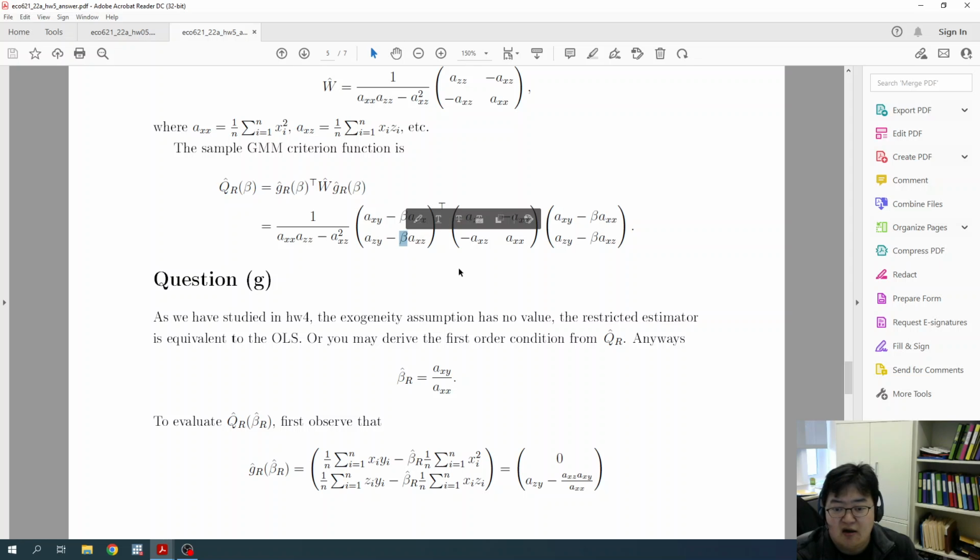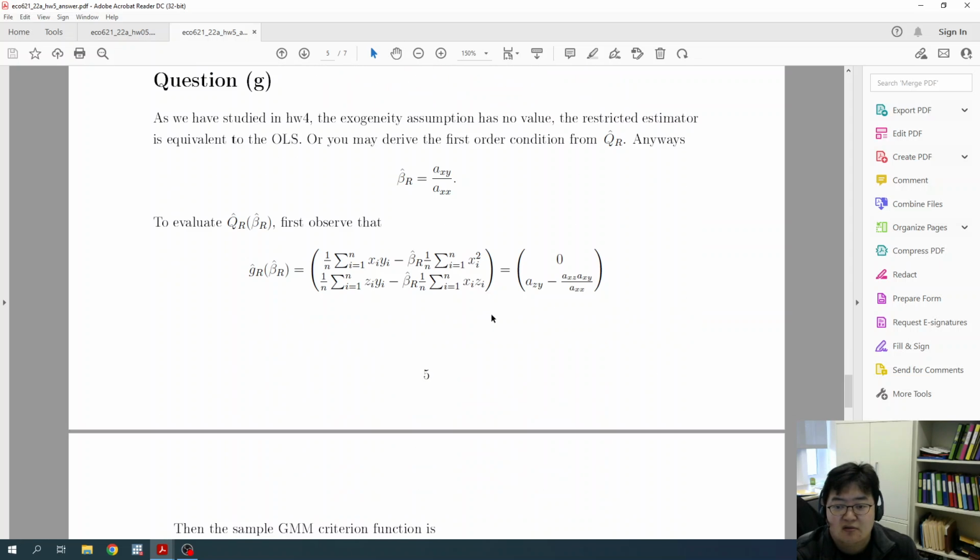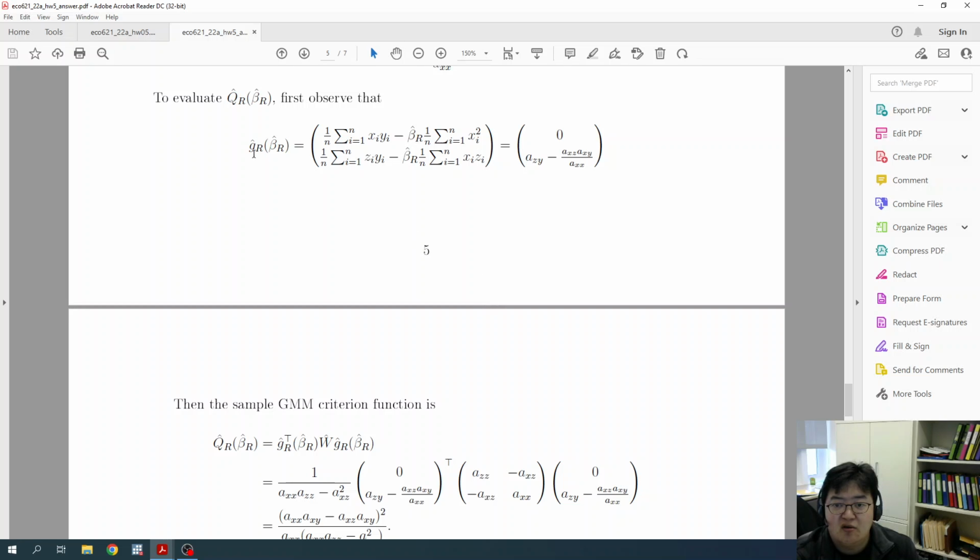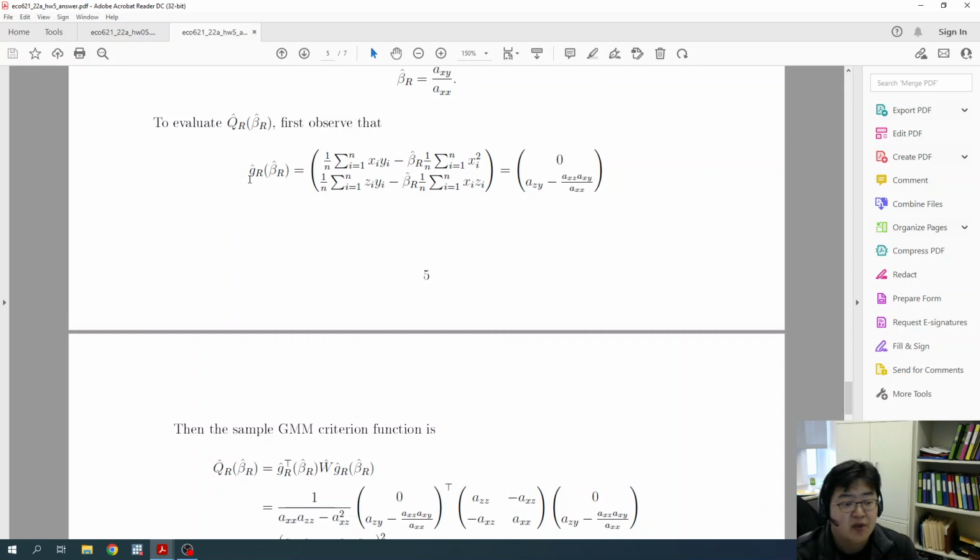Here again, another annoying algebra. So you can simplify the average moment condition this way. By the way, you can see that you have one parameter and two equations, but you are making one of them equal to 0. That means you are kind of ignoring the other moment.